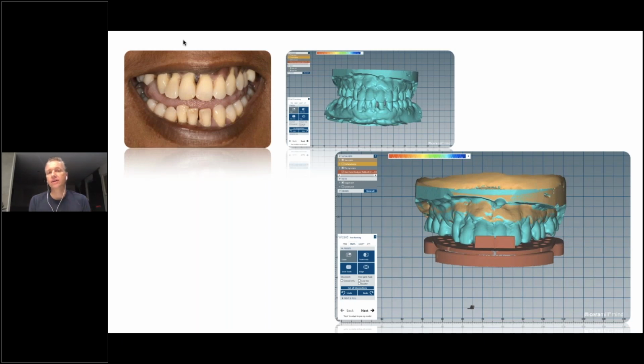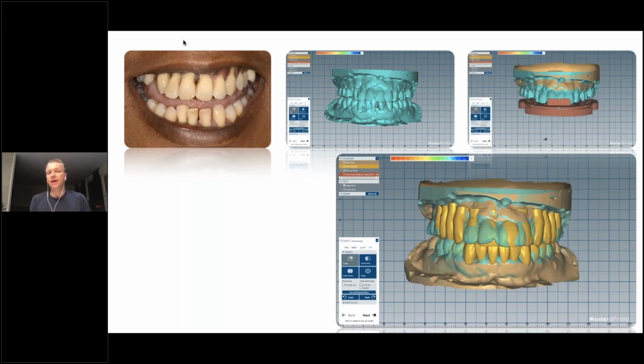What I liked in the Gerbach software on the Ceramill Mind is I can also use different face bows. So in this case, for example, we use the Kois facial analyzer and that mounting table. I can scan that and have the record of what the doctor took in the patient's mouth on my screen. That helps me a lot for defining the plane of occlusion, and then I can set up the teeth with my smile design in mind in that plane of occlusion.